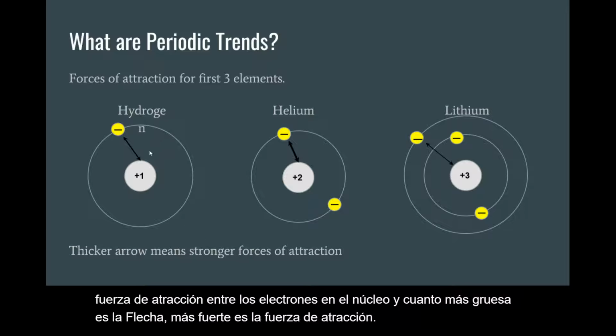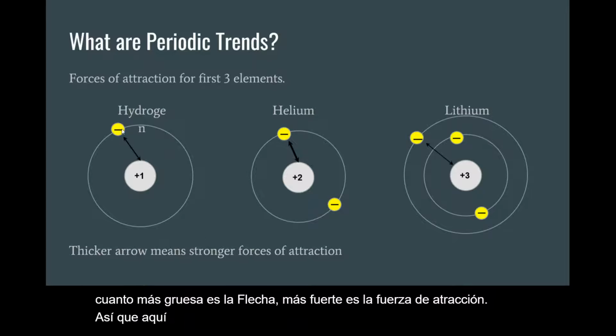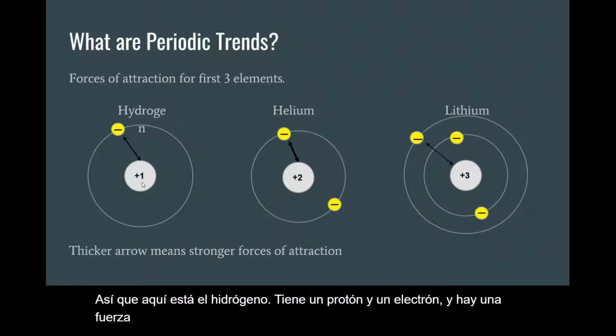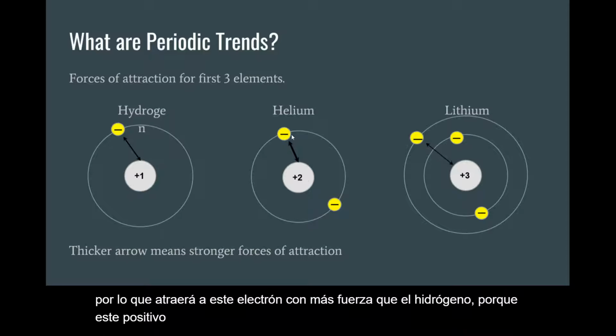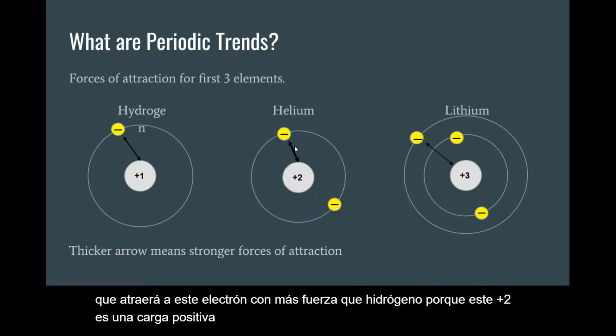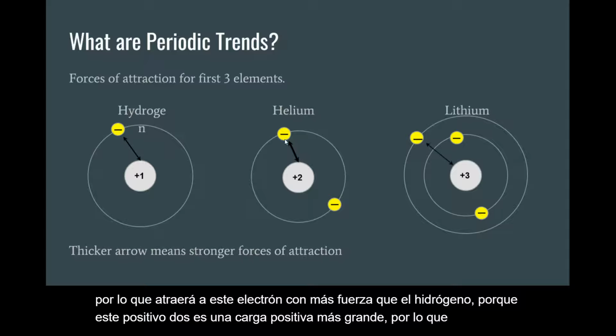So here's hydrogen. It has one proton and one electron, and there's a force of attraction between the negative and the positive. Helium has two protons, so it will attract this electron with more force than hydrogen because this positive 2 is a larger positive charge, so it will generate more force of attraction to negative charges.